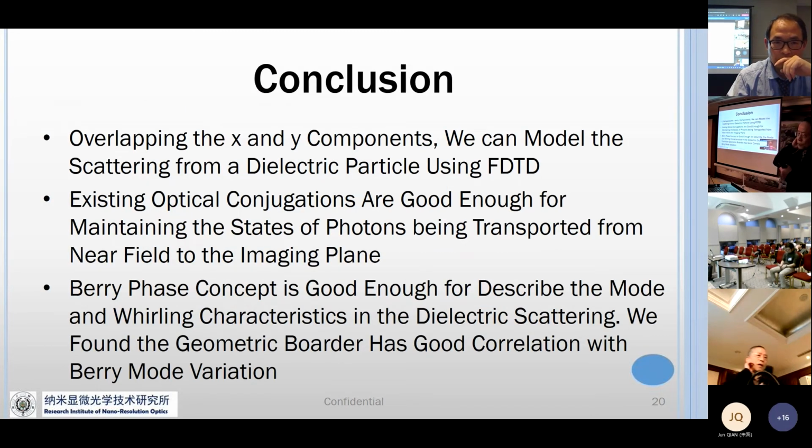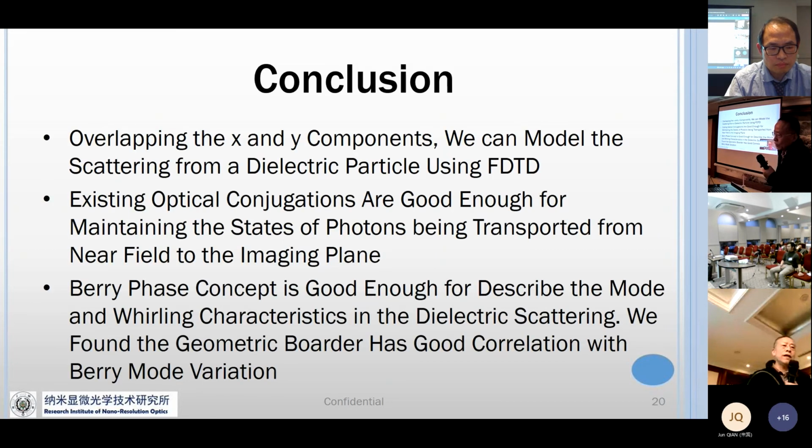Yes, we can overlap the X and Y components of the vector field for the simulation. Our precision optical wide field system can conjugate the photon states in the objective plane to the image plane.